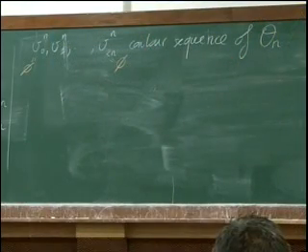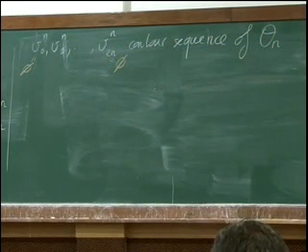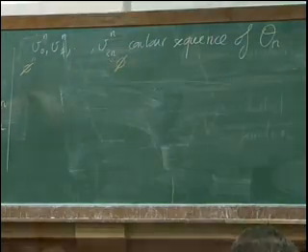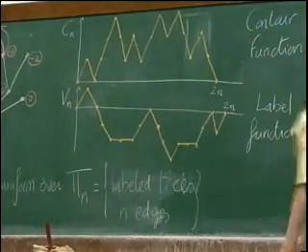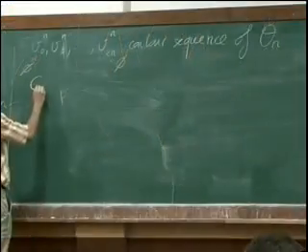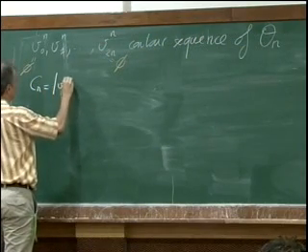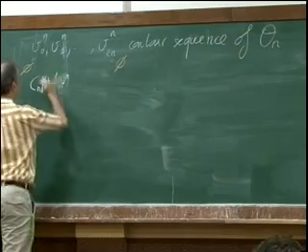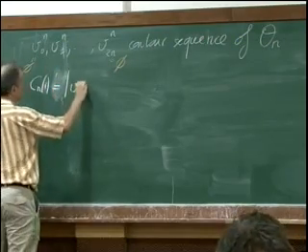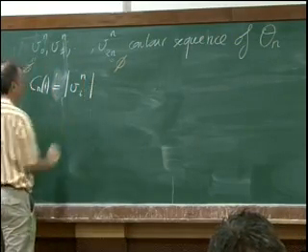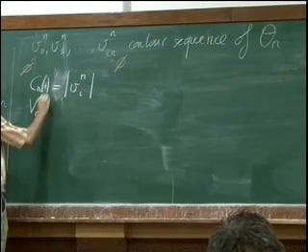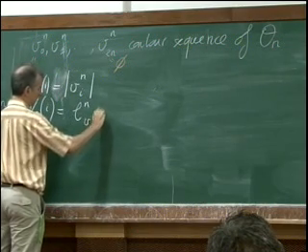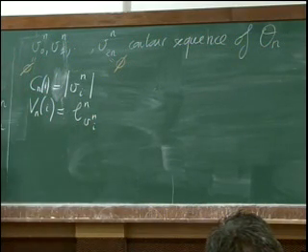What is the connection between this contour sequence and these two functions? Well, the contour function Cn(i) is just the generation of v_n(i), and V_n(i) records the value of the label of v_n(i).